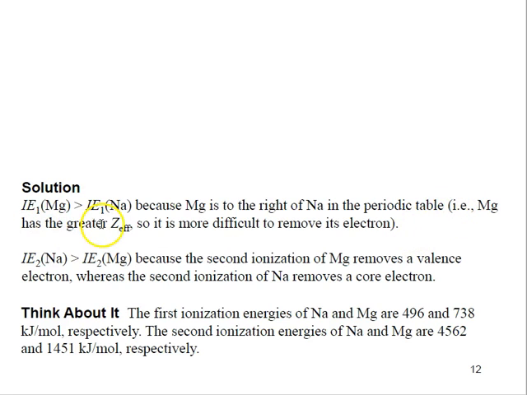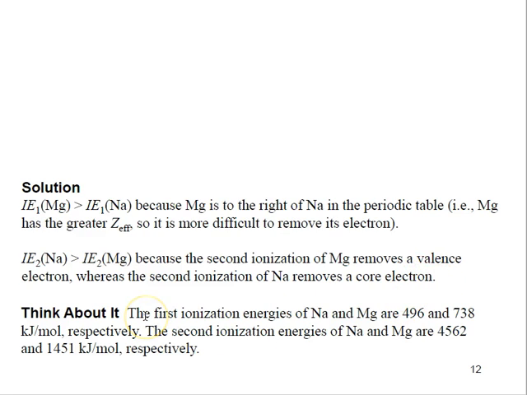Magnesium has a greater effective nuclear charge, so it's more difficult to remove that electron. However, if you go to the second ionization energy, sodium's is greater because the second ionization of magnesium removes the valence electron, whereas the second ionization of sodium removes a core electron. It's always going to take more energy to remove a core electron.